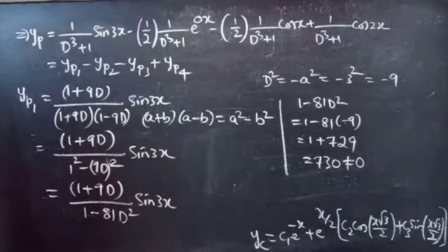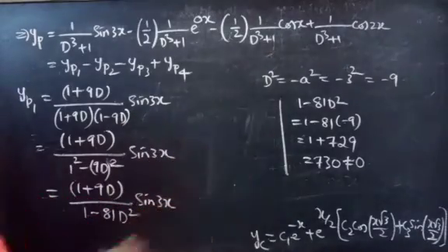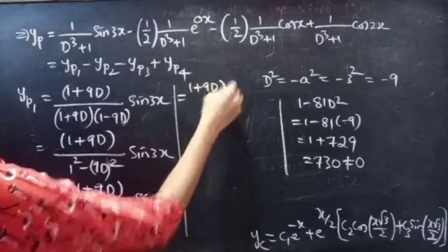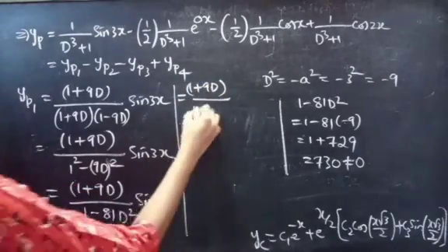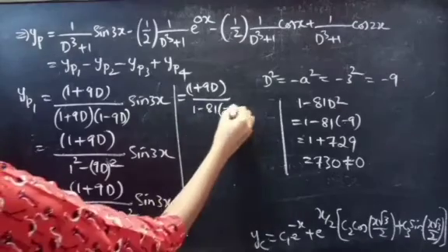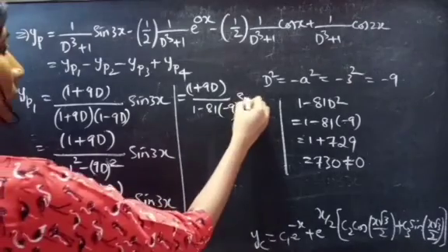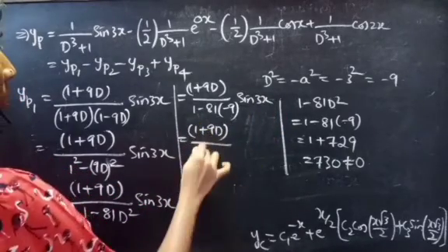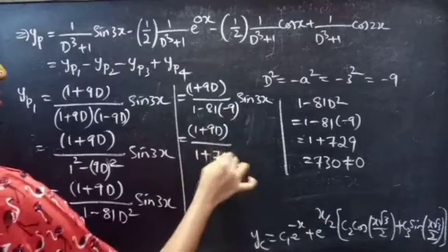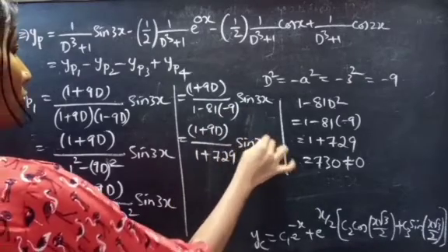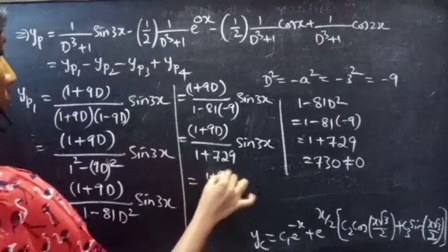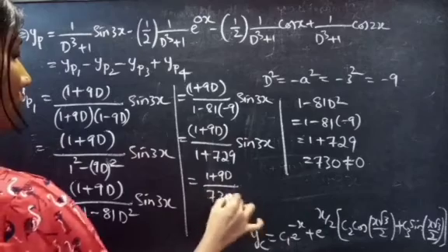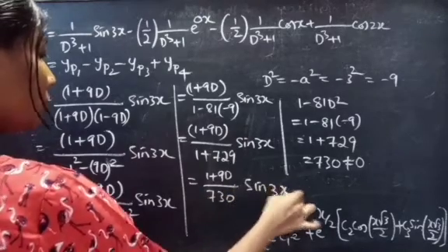Then we'll get (1 plus 9D) by 1 minus 81 into minus 9, into sine 3x, which equals (1 plus 9D) by 1 plus 81 into 9 is 729, into sine 3x, which equals (1 plus 9D) by 1 plus 729 is 730, into sine 3x.